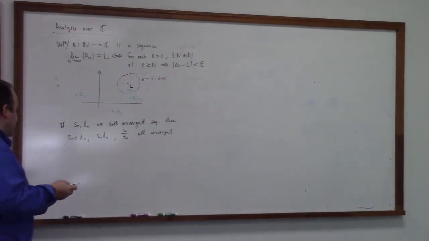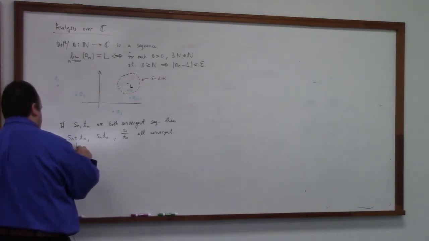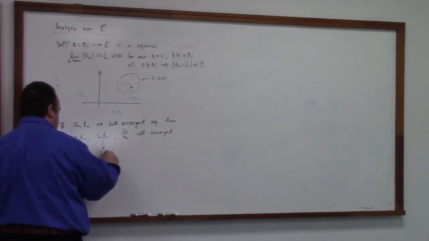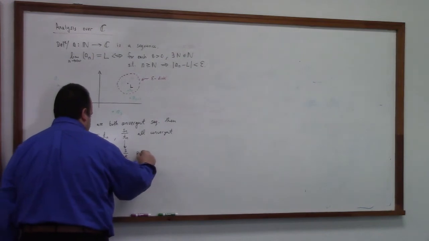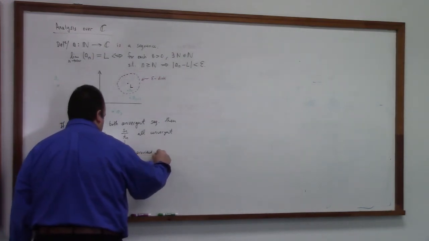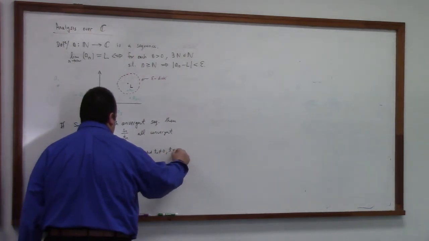And in fact, what do they converge to? This one converges to S plus or minus T. This one converges to ST. And this one converges to S over T, provided T sub n is not equal to 0 and T is not equal to 0.